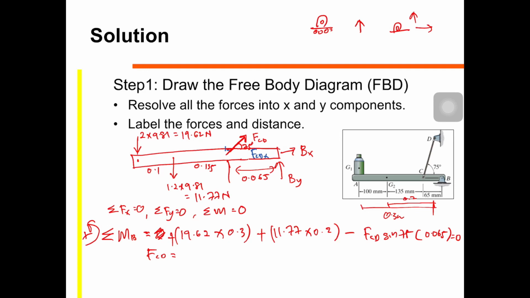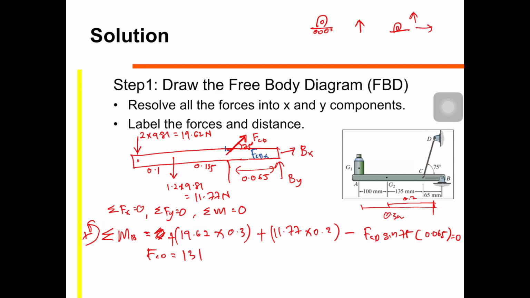Take out your calculator. 19.62 times 0.3 plus 11.77 times 0.2 equals 8.23, divided by sine 75, divided by 0.065.